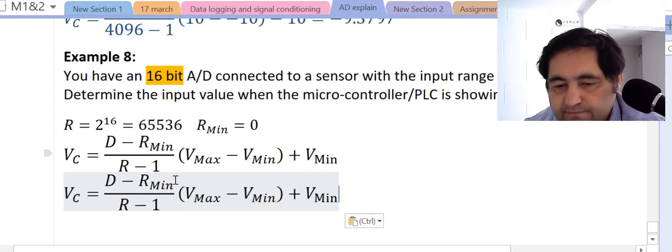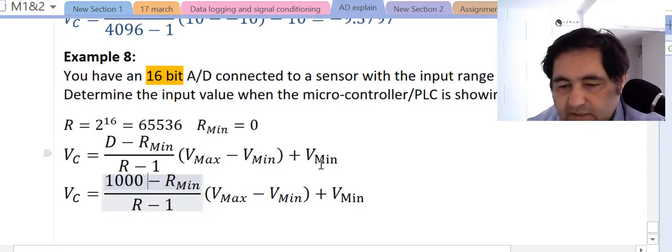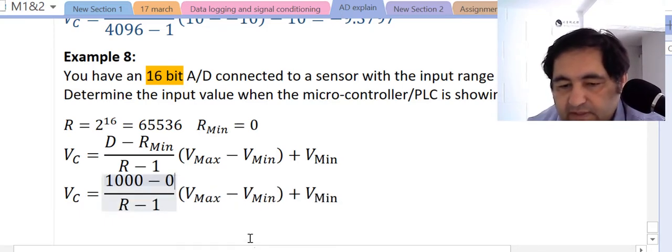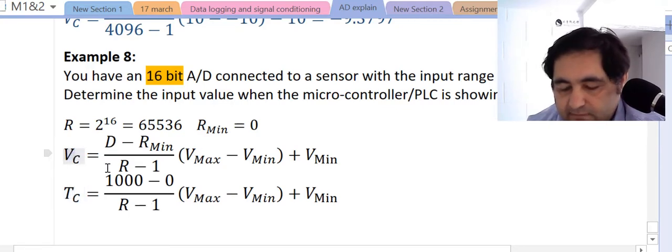Okay, now VC equals D, and how much is D? D is 1000 minus R mean. Again, we said the value for R mean equals 0. Actually, I don't say VC, now I say TC, because it's temperature, not voltage.